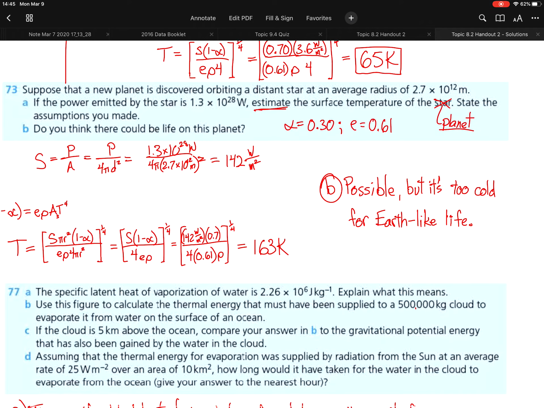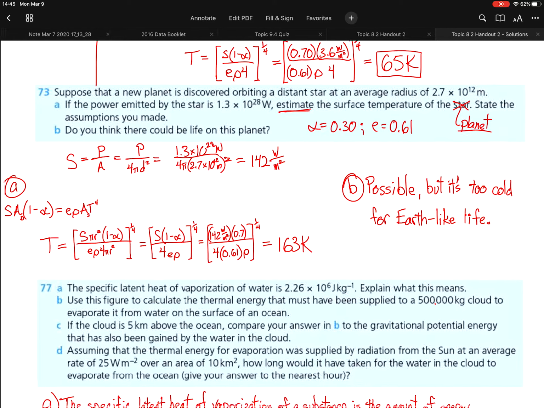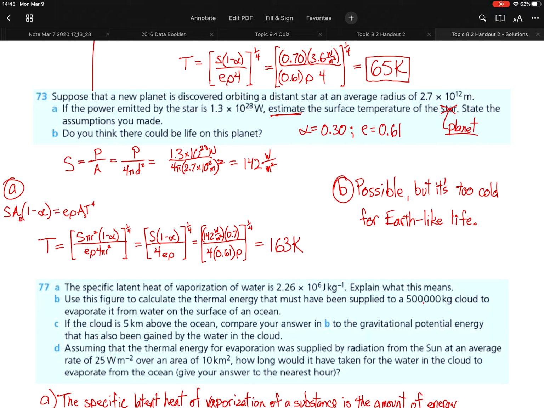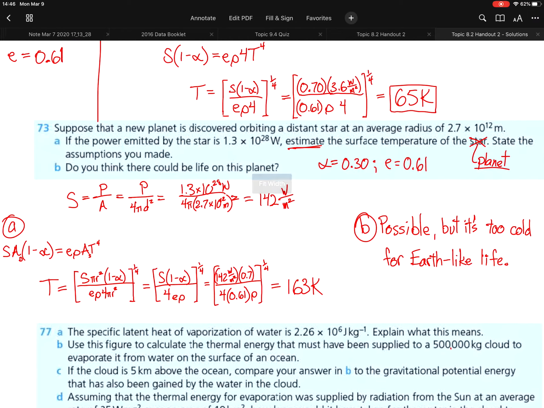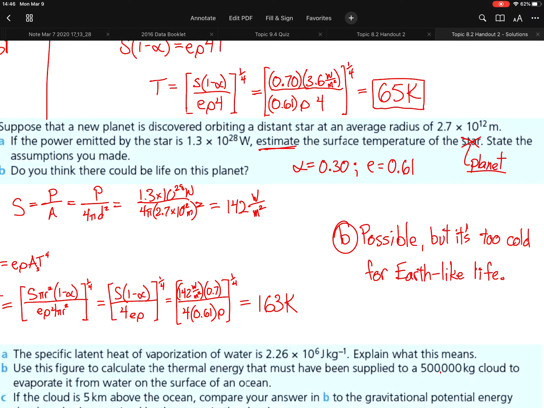All right, 73. Anything important here? First thing, 73 has a mistake where you're asked to estimate the surface temperature of the star. Well, we are missing information if we want to do that. So what we actually need to estimate here is the surface temperature of the planet.